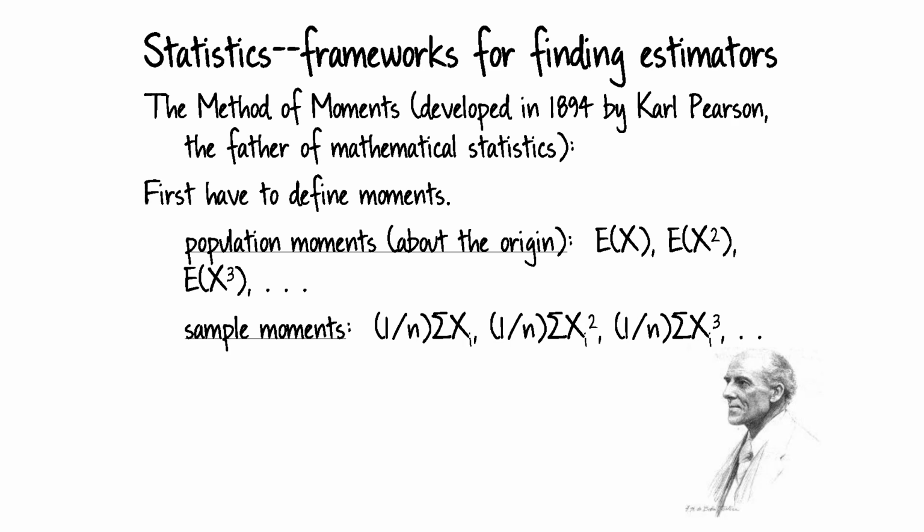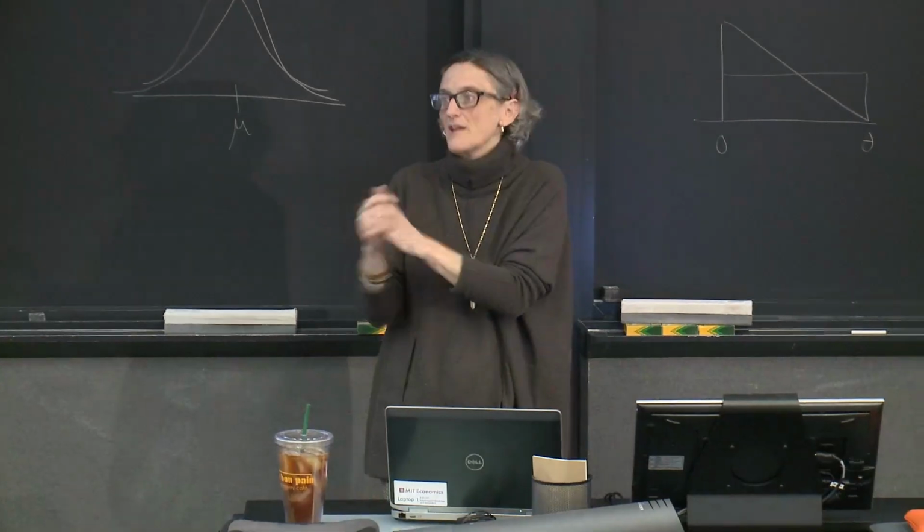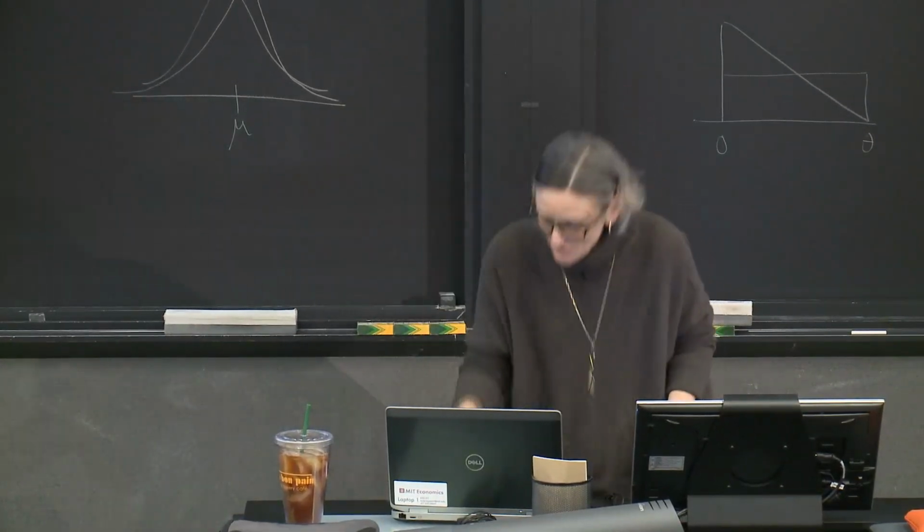Mu. How about of a Poisson? Lambda. How about of a uniform 0 to theta? Theta over 2, right? So you get the idea.